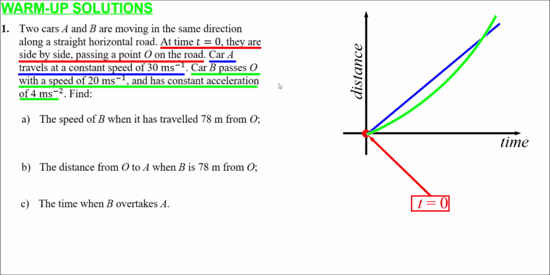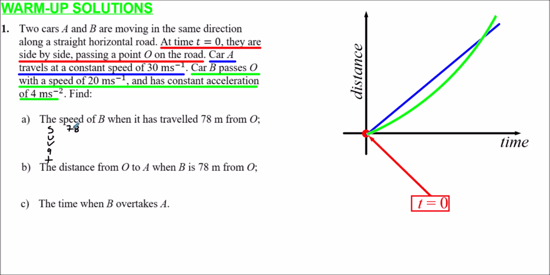First of all, though, we just need to calculate the speed of B when it's travelled 78 meters from the origin. So essentially, for this one, we can use SUVAT. So for part A, let's just consider what we've got and what we need from SUVAT. So we're talking about car B here. So it's travelled 78 meters from O, and so we can put that the displacement is 78.